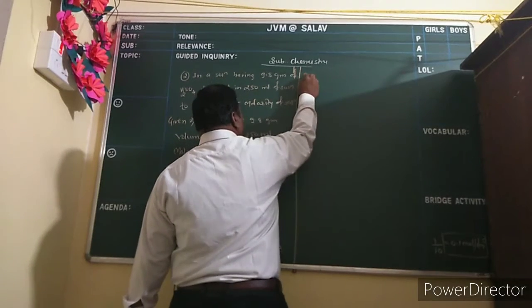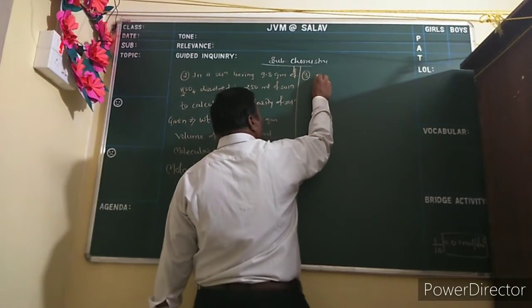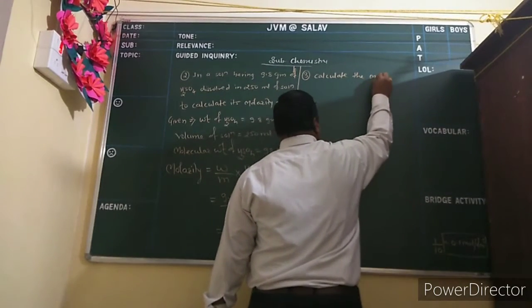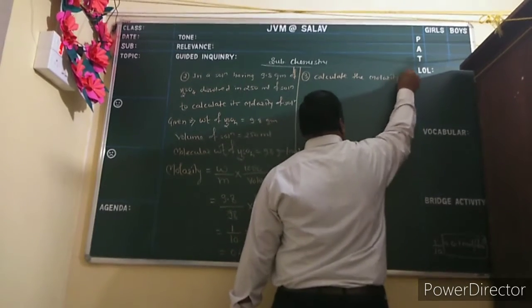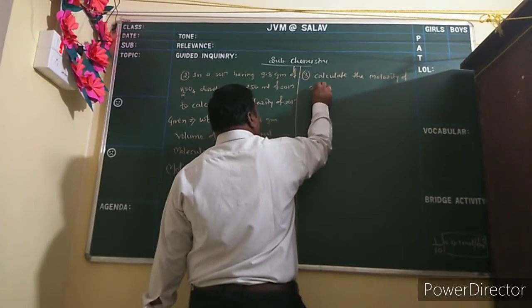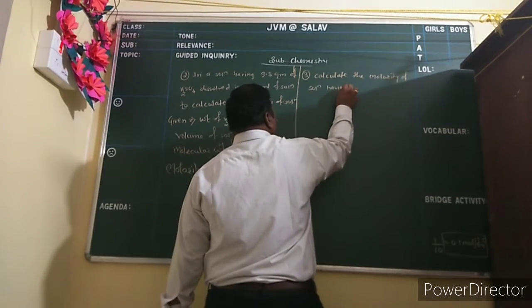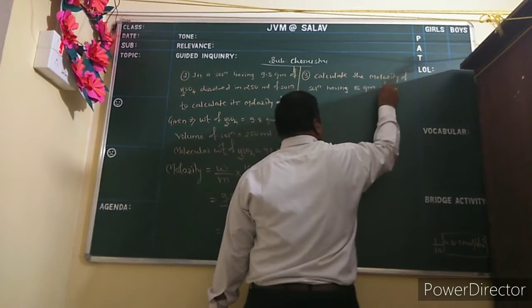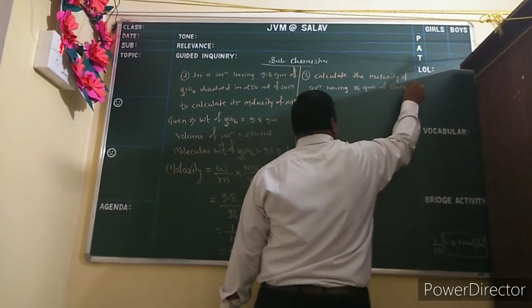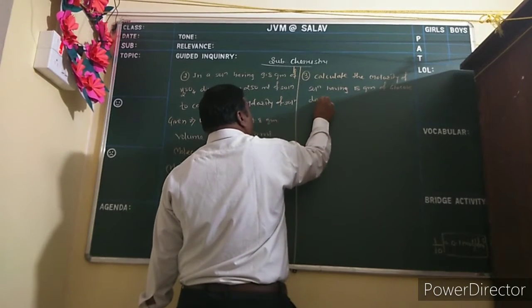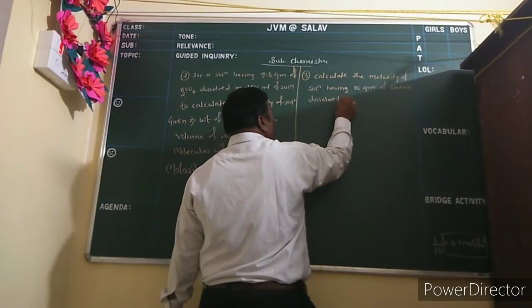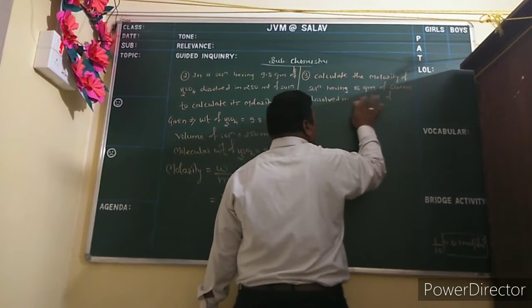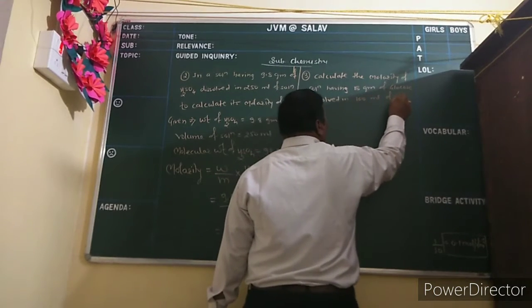Now after that, next it is the third problem we discuss here. Calculate the molarity of solution having 18 gram of glucose dissolved in 500 ml of solution.